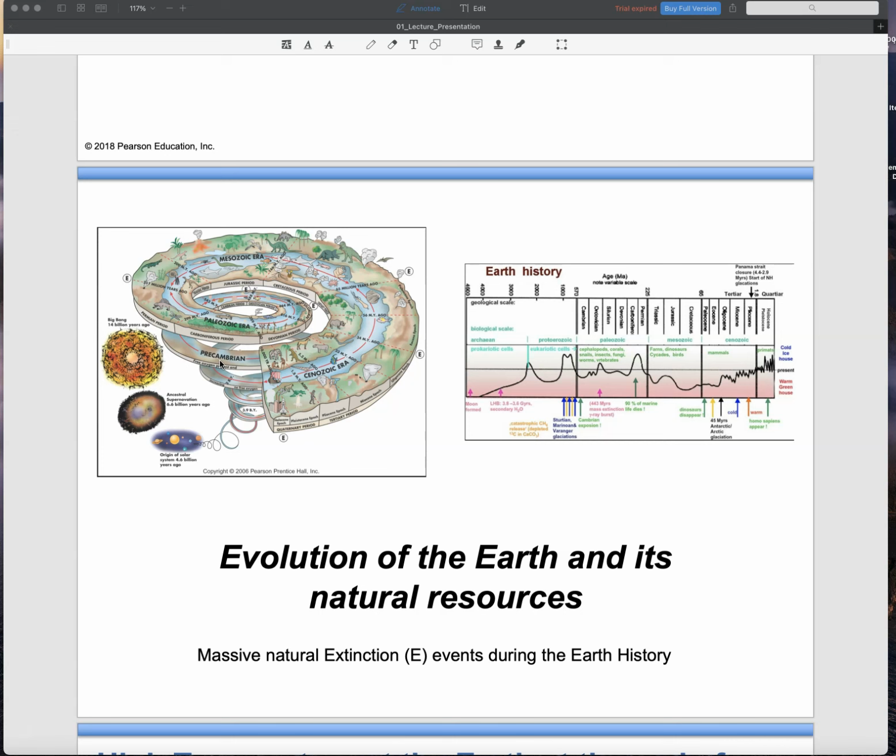Actually, most of the life over there didn't have any skeleton at that time. Until probably 500 million years ago, when the first vertebrate animals started to develop and show up on the planet.